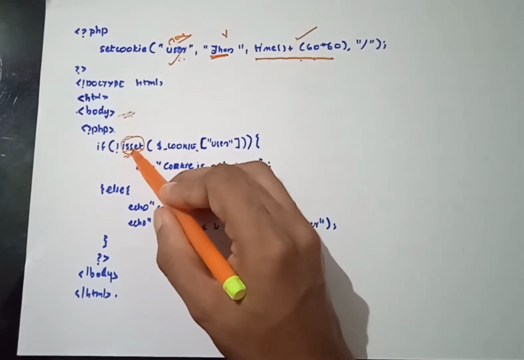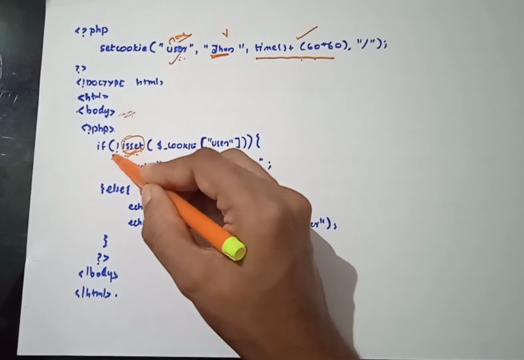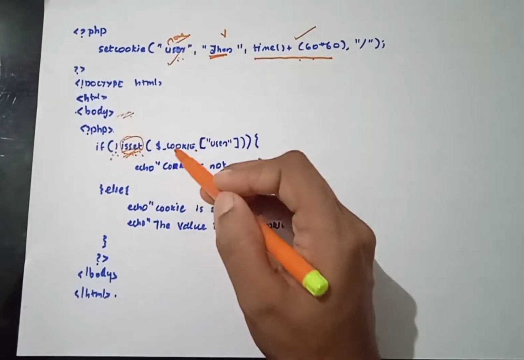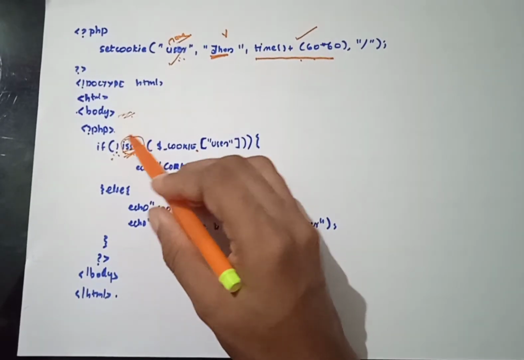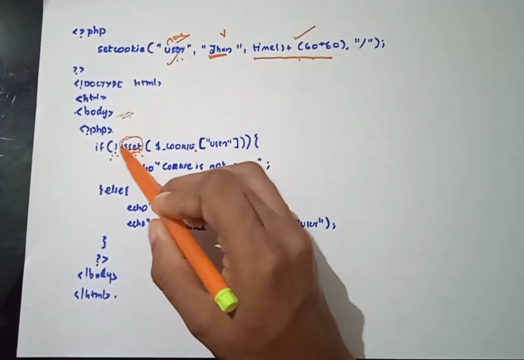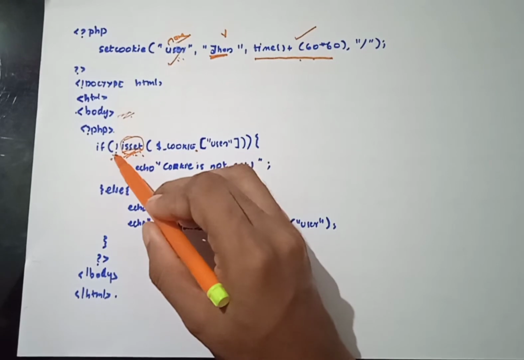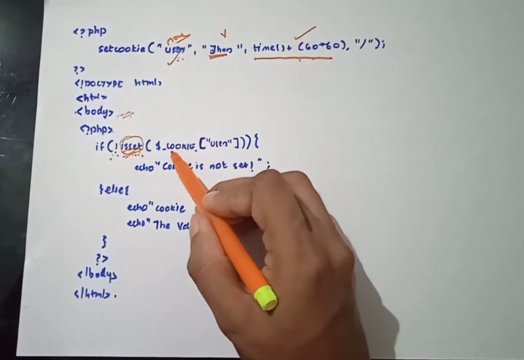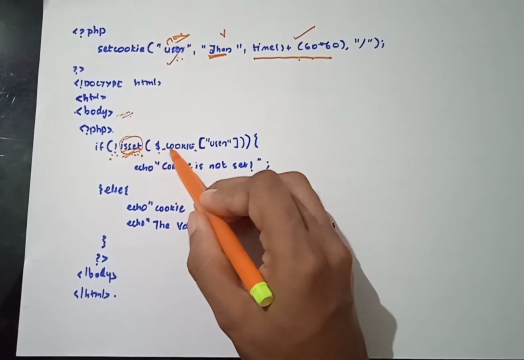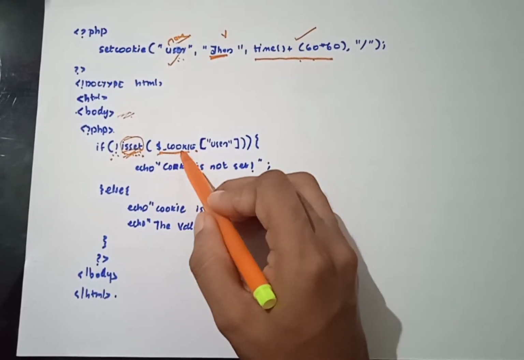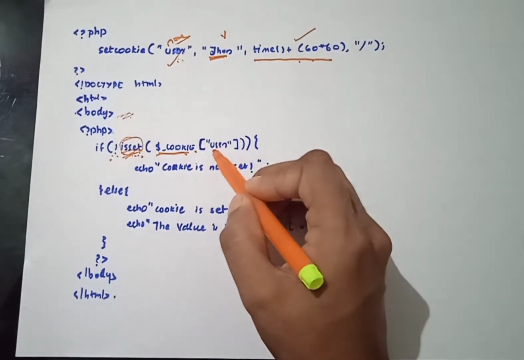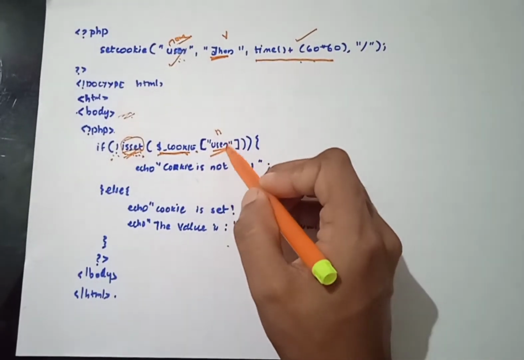Isset means this is set, and the not operator indicates if not set. So here we are going to check whether this cookie is set or not. For the not-set condition, we are using the variable $_COOKIE. This is the way you check it, so you must write it like this, and inside you give the cookie name.